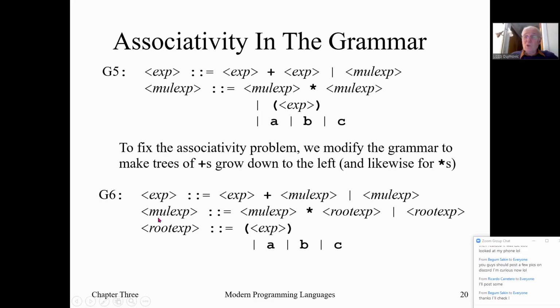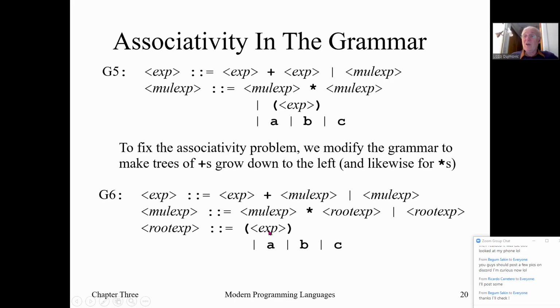However, when we go to multiplication expression, we say multiplication expression is multiplication times root expression, or root expression, where root expression is expression in parentheses, or A, or B, or C. So now we had to introduce the third line that is having this expression in parentheses.